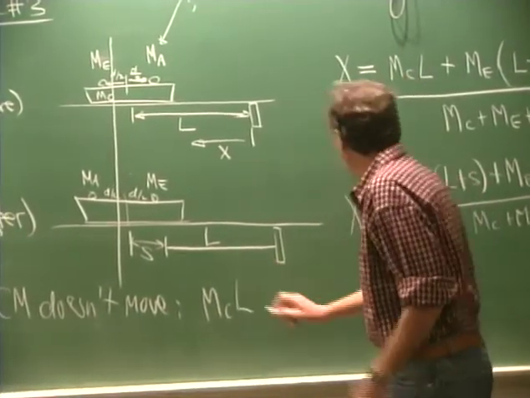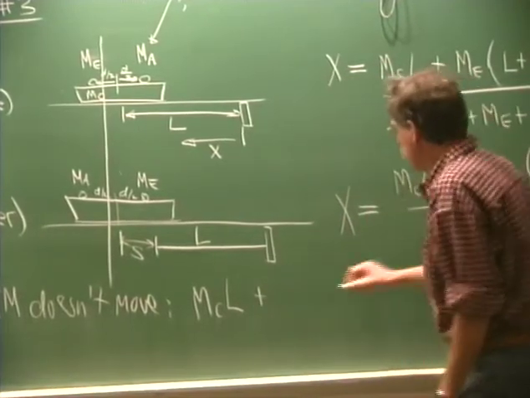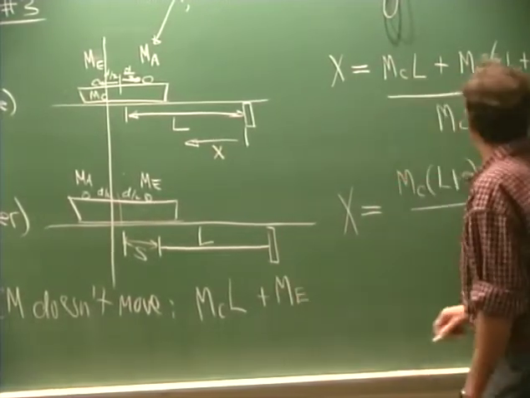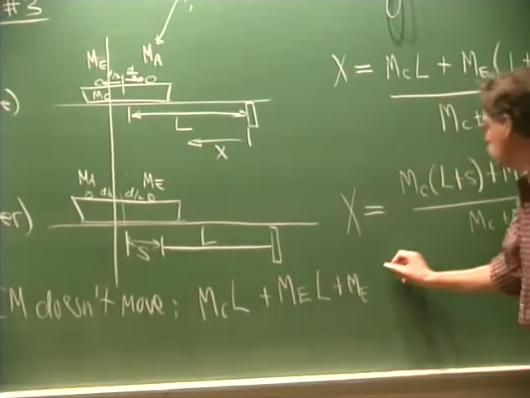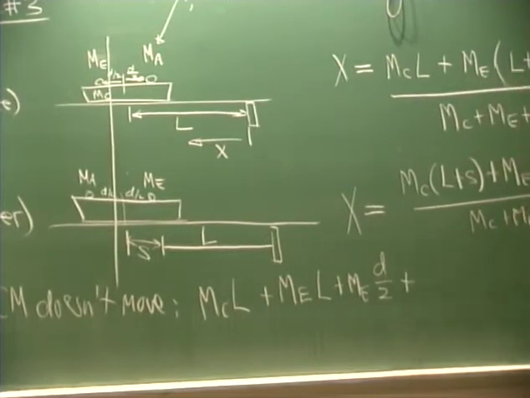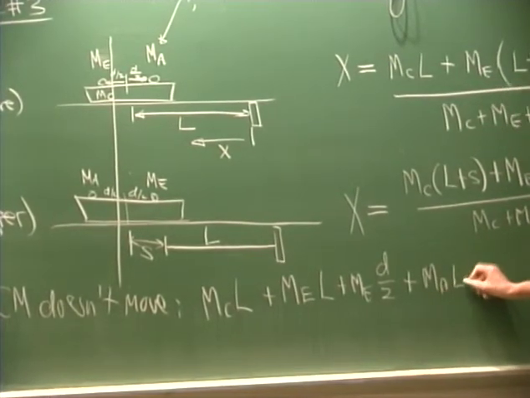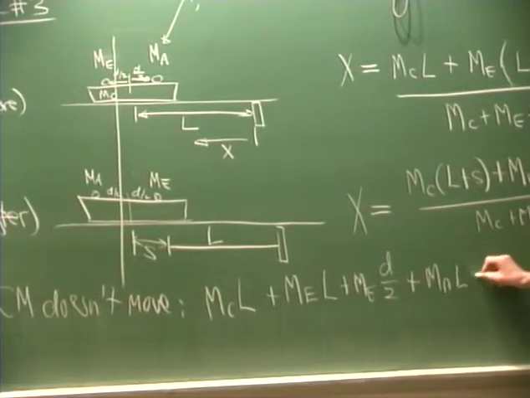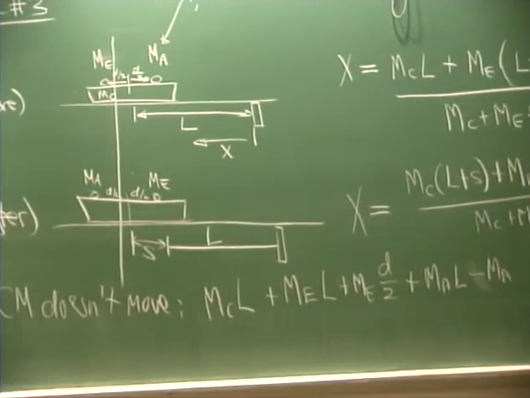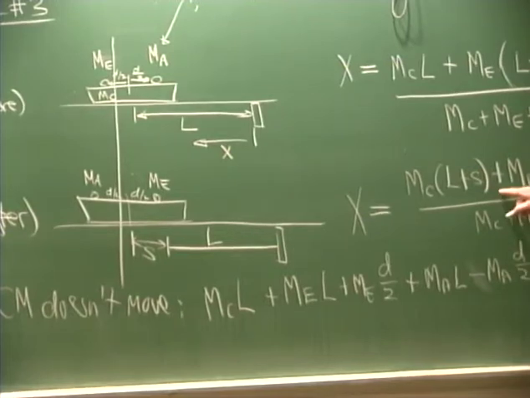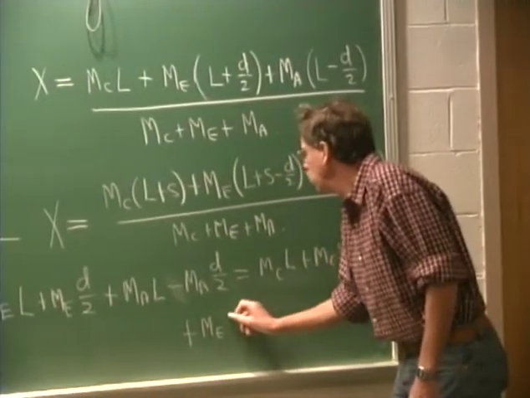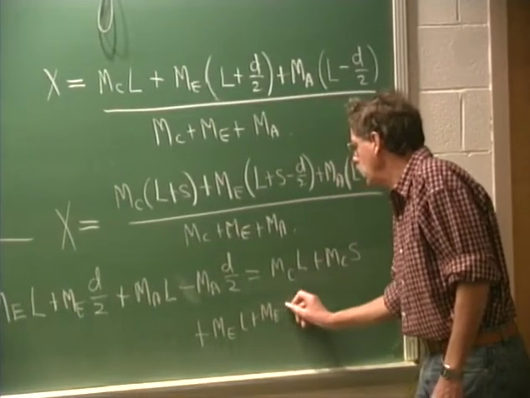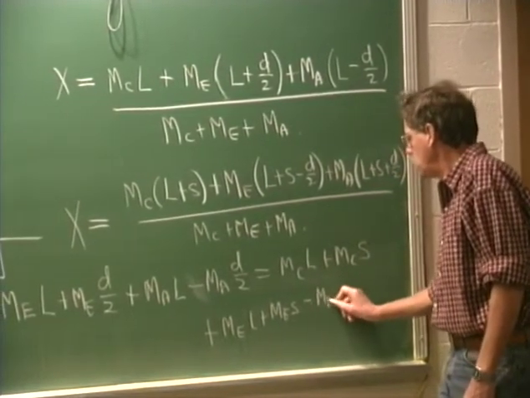MC times L, mass of the canoe times L, plus I'll multiply these out as I go along, ME times L plus ME times D over 2 plus MA times L minus MA times D over 2 equals MC times L plus MC times S plus ME times L plus ME times S minus ME times D over 2.